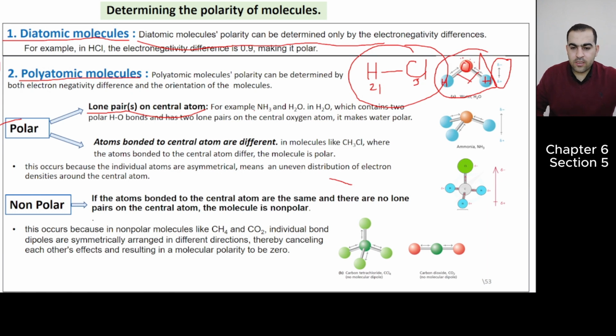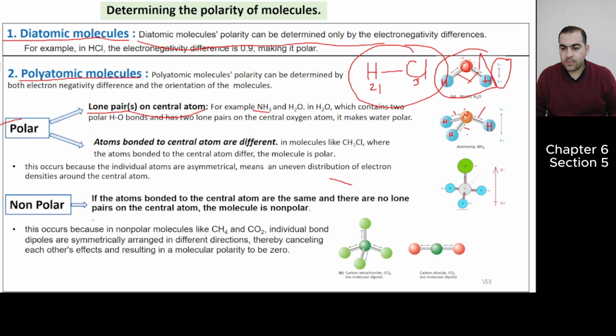Another example, NH3. This is nitrogen, and there are 3 hydrogens. We know nitrogen has a lone pair. These are polar bonds.